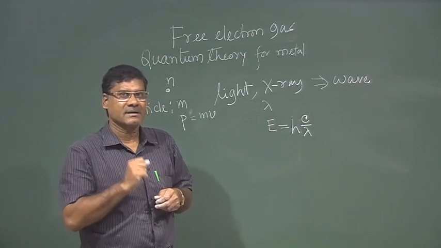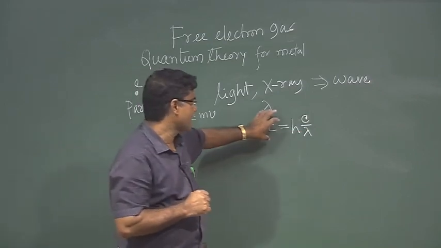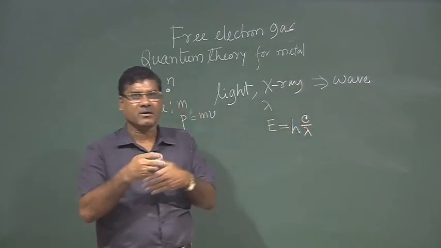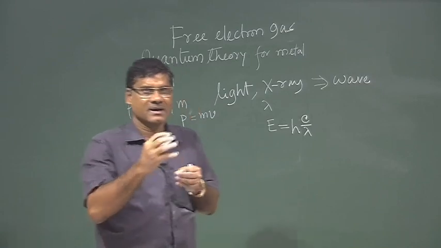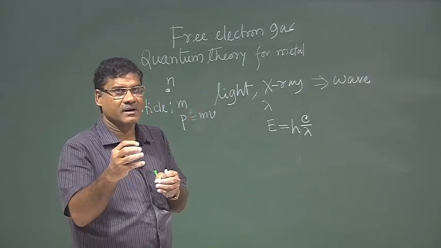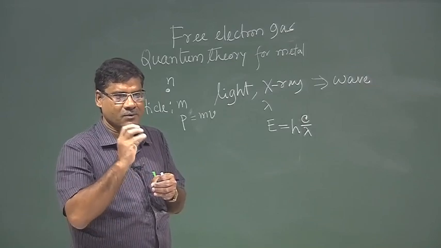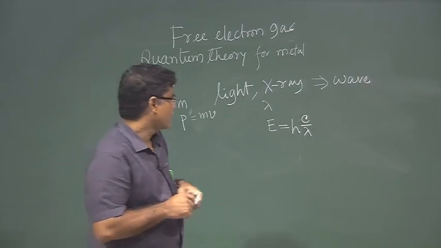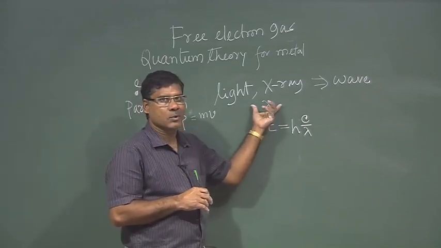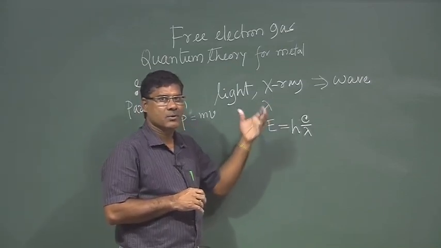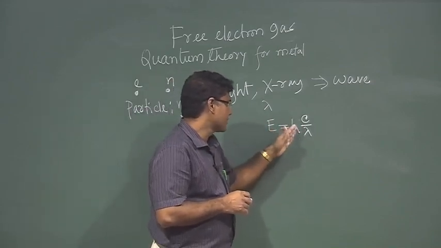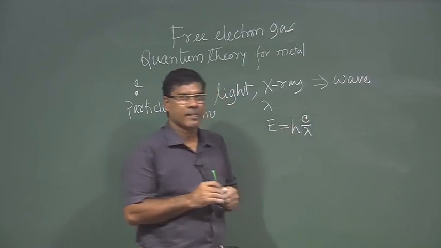If you consider it so, then you can write the energy of the photon, part of the wave. Each photon will have energy E equal to h nu, or h c by lambda, right.